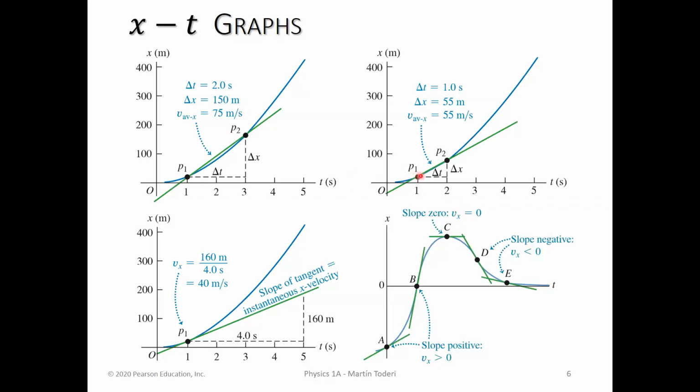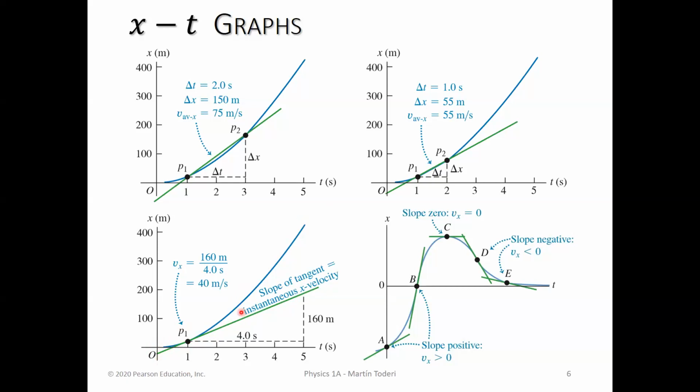If we take a closer look at a different section of the movement, a different portion of time, let's say we get closer now. P2 is closer to P1, so now we can calculate again the average speed between those 2 points, and that will give us, according to the graph, 55, because it's going to be 55 meters over 1 second. But if we get closer and closer, then we have a point there, right? So if we have a point there, then this line, the green line, is going to transform into the tangent of that curve that we have here.